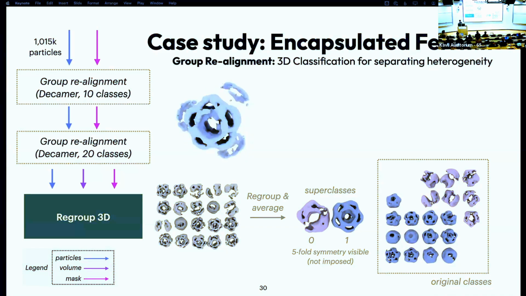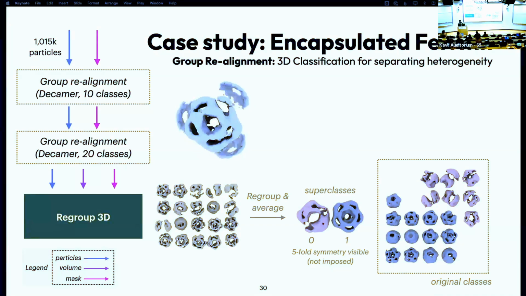And so after one more 3D classification with 20 classes, it was clear that we're beginning to find some conformational heterogeneity as well. These classes produced by the last 3D classification are shown in this bottom row here in gray. The first 3D classification is in blue, and the second one was in gray.